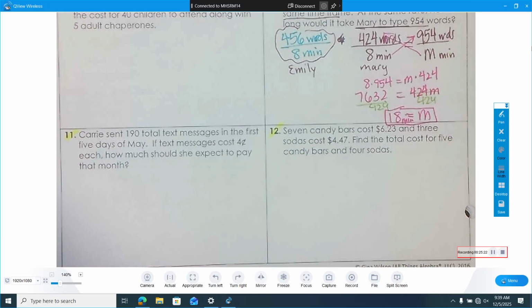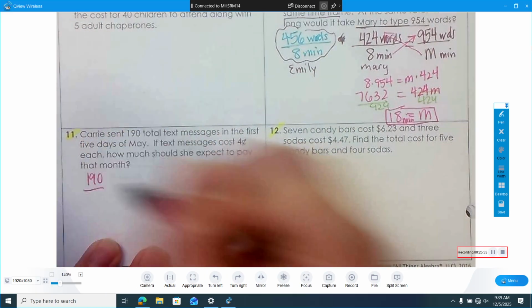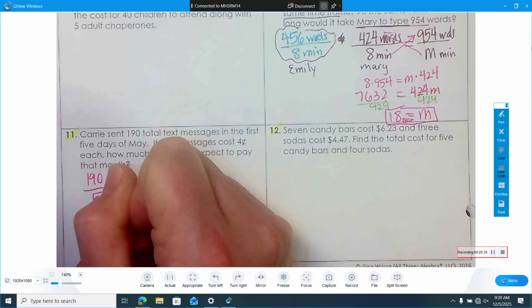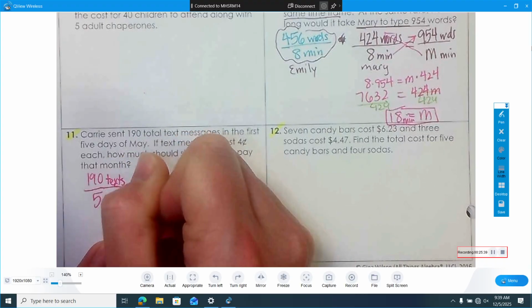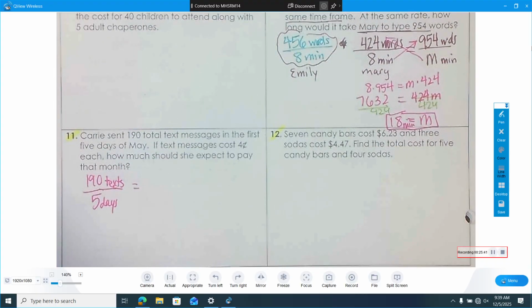Carrie sent a total of 190 text messages in the first 5 days of May. Do you see a fraction there? 190 over 5 days. 190 texts over 5 days. If the text messages cost 4 cents each, how much should she expect to pay that month?